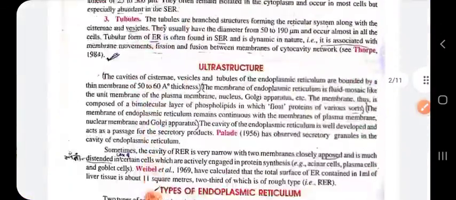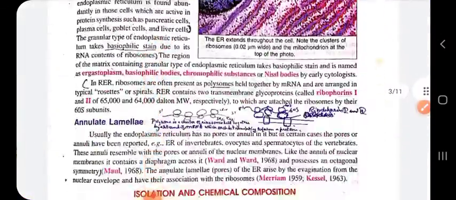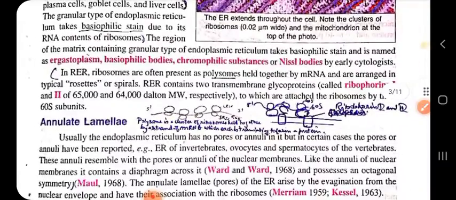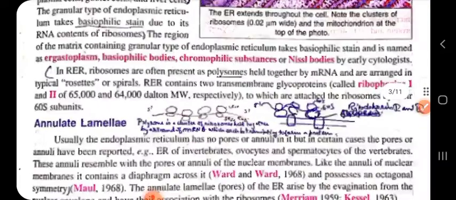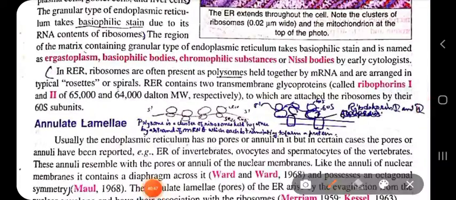In this way they form the polysomes. So normally, as I have said just now, in rough endoplasmic reticulum, ribosomes are often present as polysomes, which are held together by mRNA and arranged in rosettes or spirals.